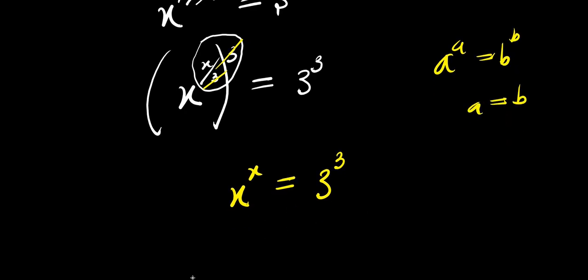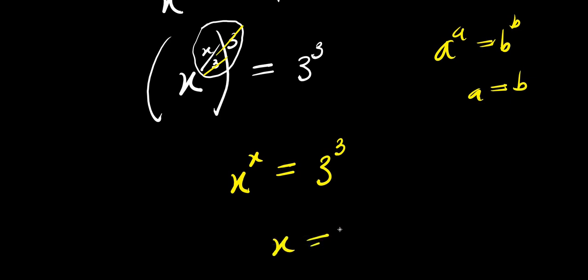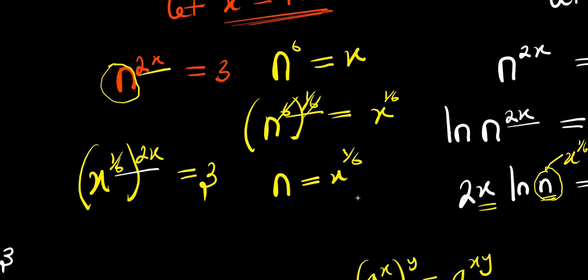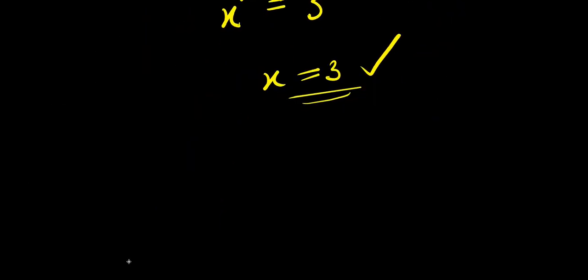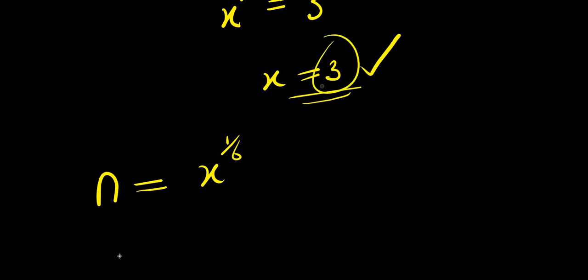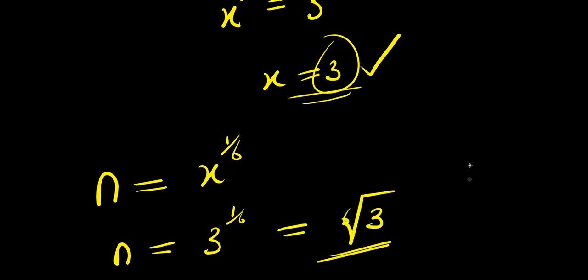So that means we can say that x here equals 3. Now recall n equals x power 1 over 6. So we have n equals x power 1 over 6 and x is 3. That means n equals 3 power 1 over 6, which is the 6th root of 3. Remember, a power 1 over n equals the n root of a, just like what we had earlier on.